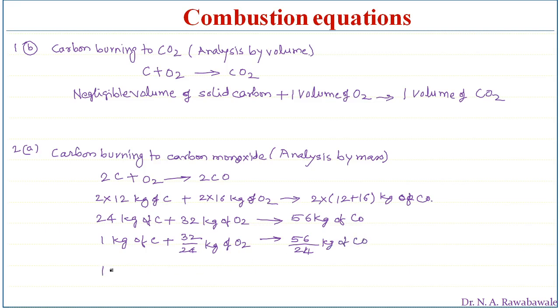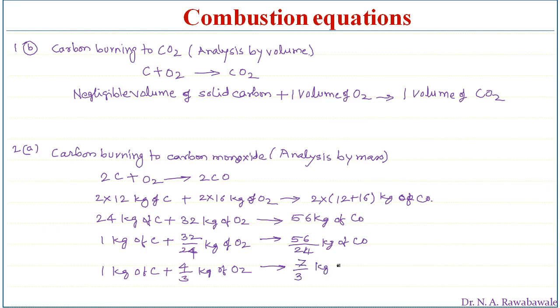On further simplification, 1 kg of carbon is burned in presence of 4 by 3 kg of oxygen, since 8 3s are 24, 8 4s are 32, and this produces 7 by 3 kg of carbon monoxide, since 8 3s are 24, 8 7s are 56.